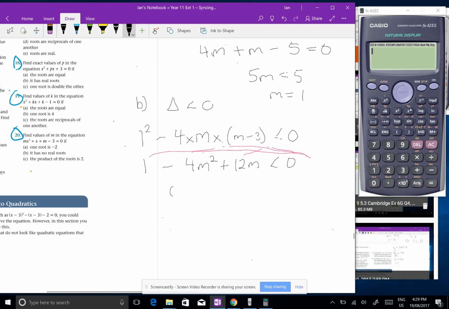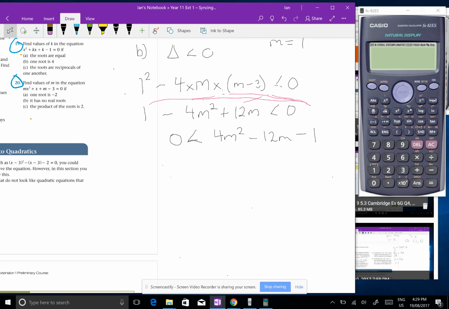So I'll be left with 0 here. The inequality stays the same. The 4m squared becomes positive 4m squared. Then the 12m becomes negative 12m. And I'll take the 1 over, and that becomes minus 1.